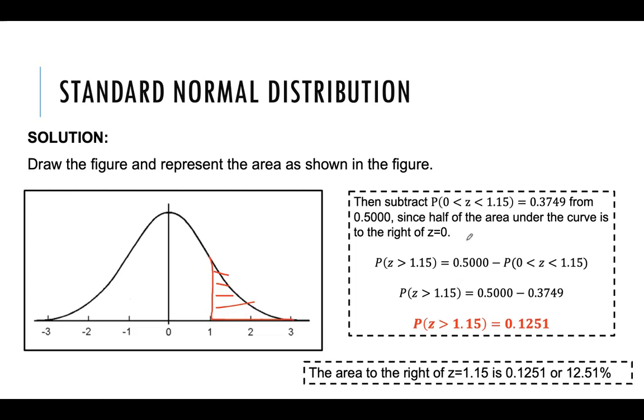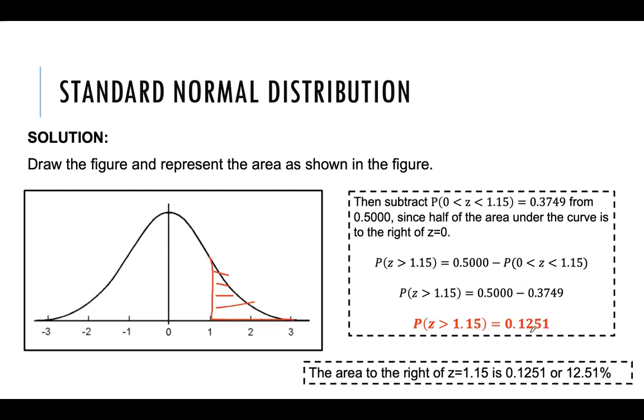So 0.5000 minus the area of the z value of 1.15, 0.3749. When you subtract, we have a result of 0.1251.